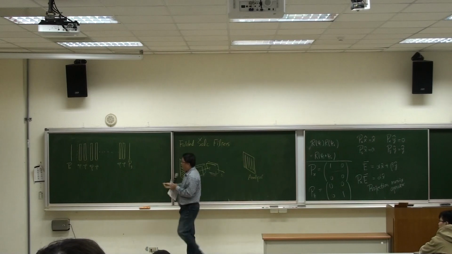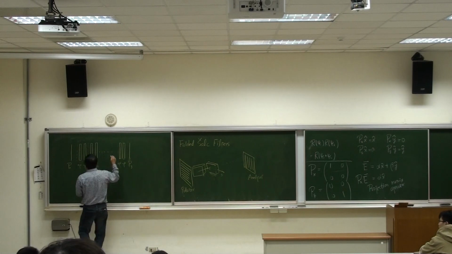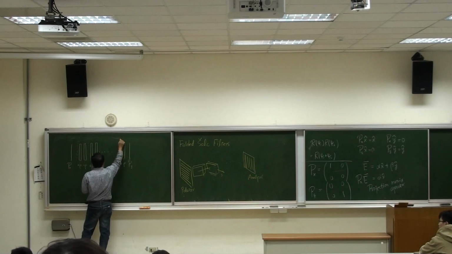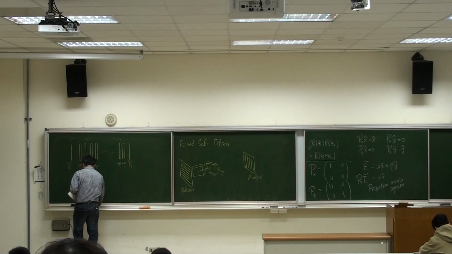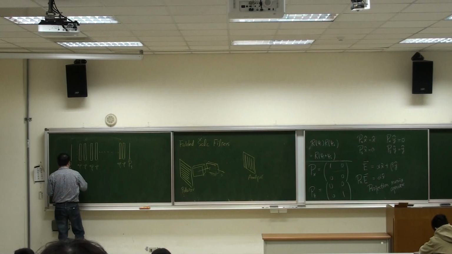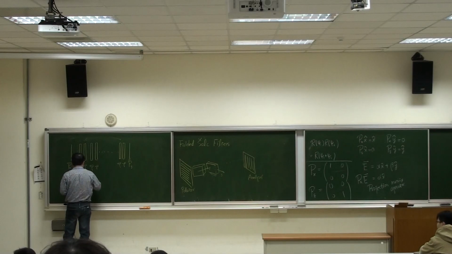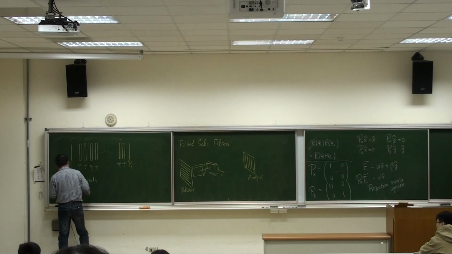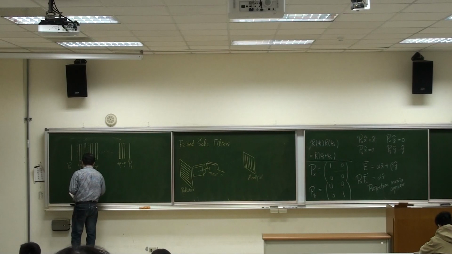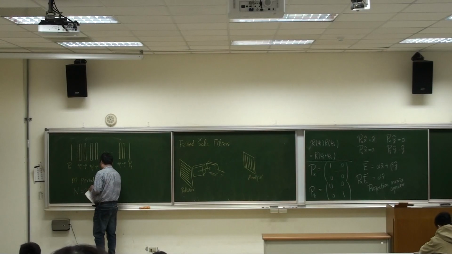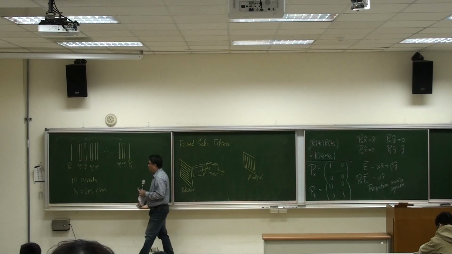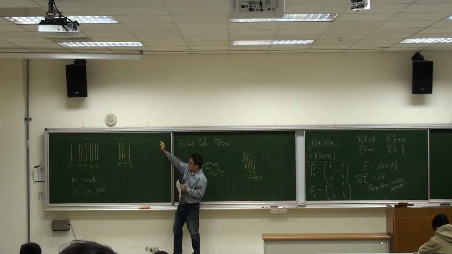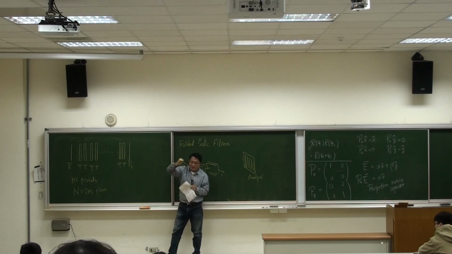We have a total of m periods, and we denote the total number of waveplates as n, which is 2m. Okay. I will discuss the details next hour.